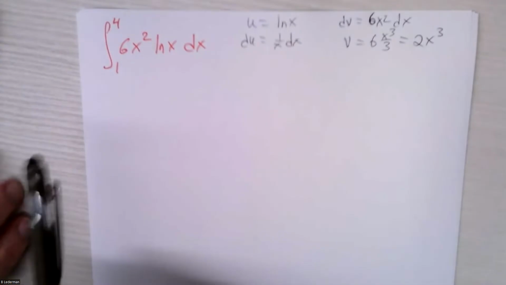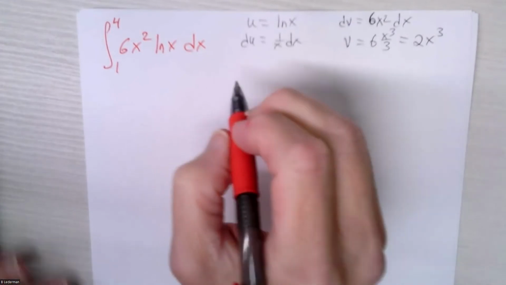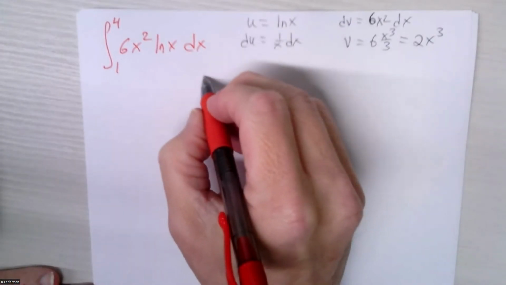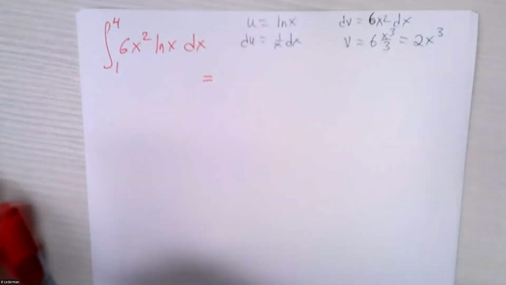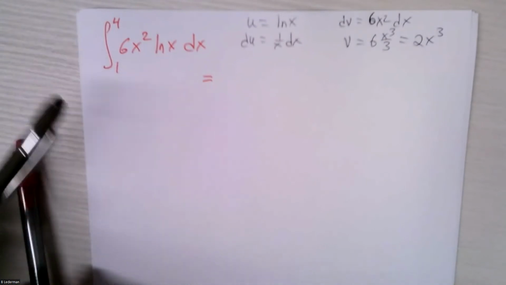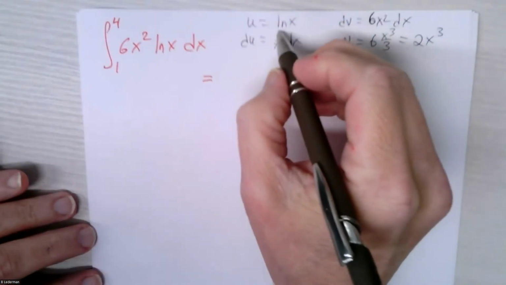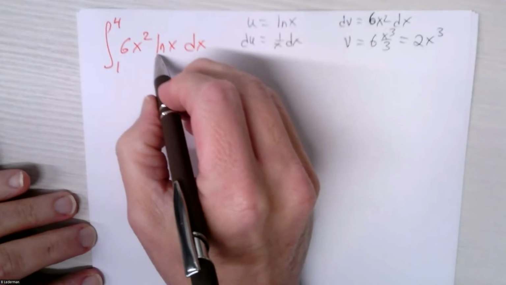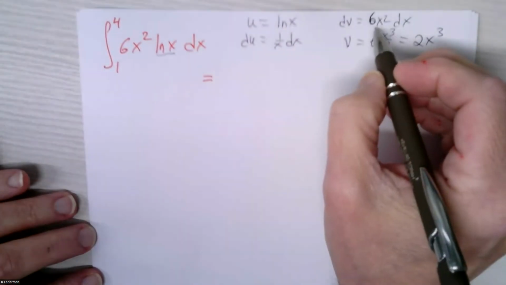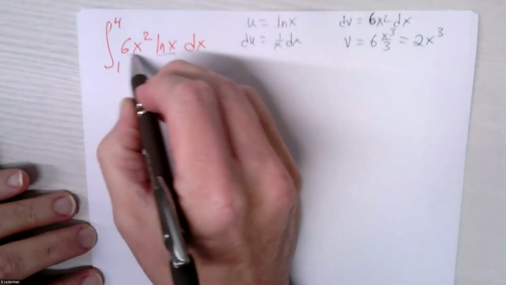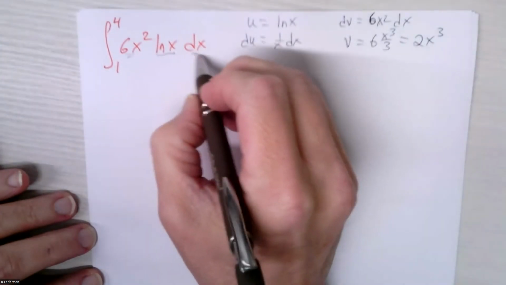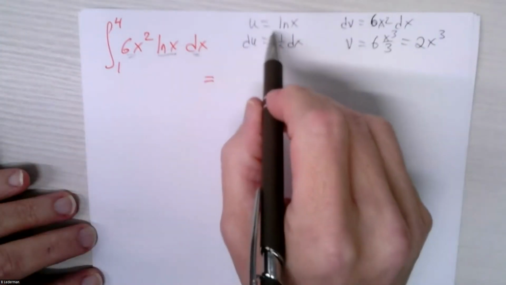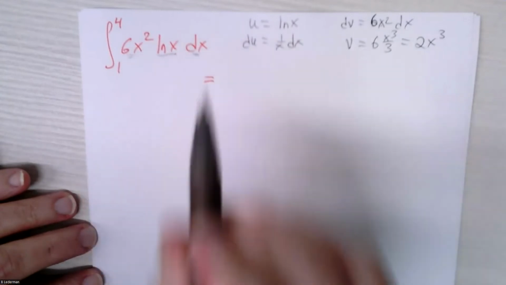Okay, so this is now going to equal... Well, I notice that between my u and my dv, I covered everything. That's u, and dv is the 6x squared and the dx. I need my u and my dv to cover everything in the original integral.